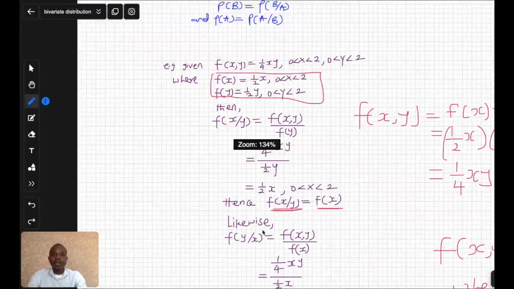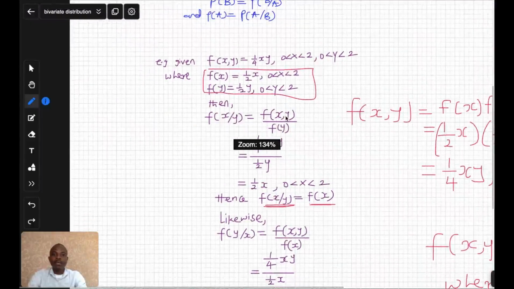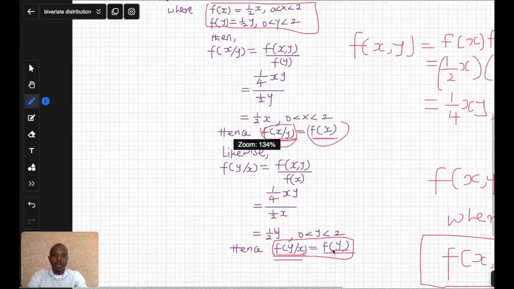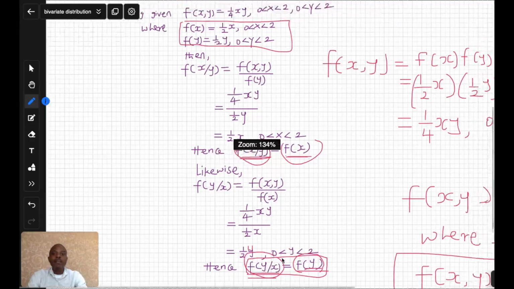So we have just shown that when the marginal distribution for x and the conditional distribution for x are the same, and when the marginal distribution for y and the conditional distribution for y are the same, then we have independence.